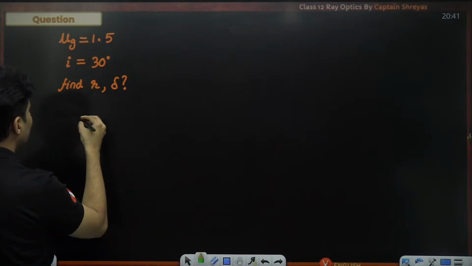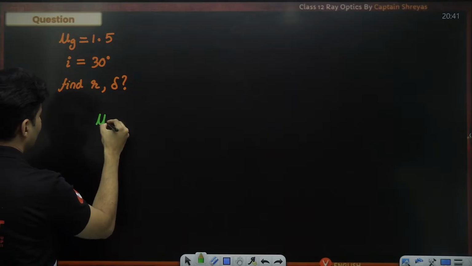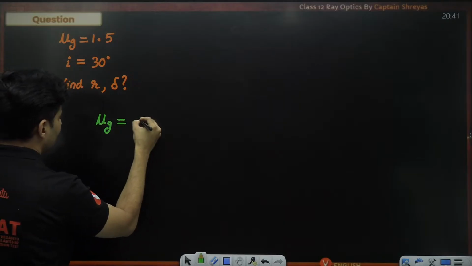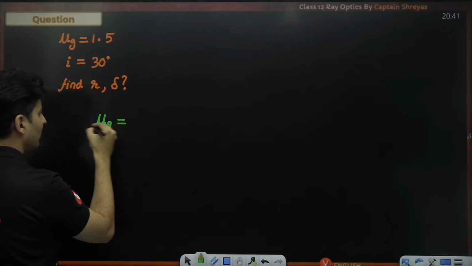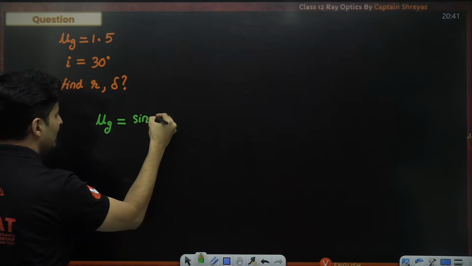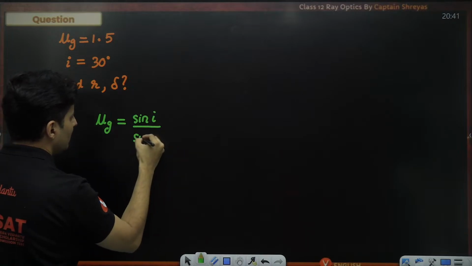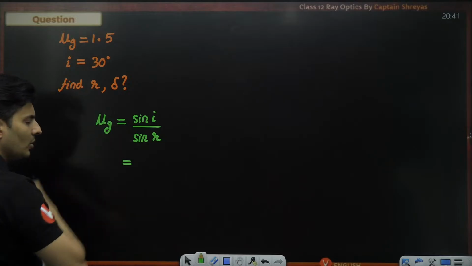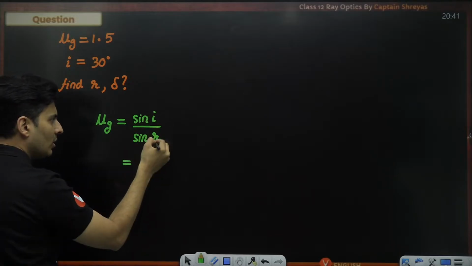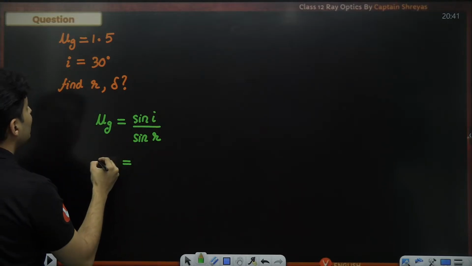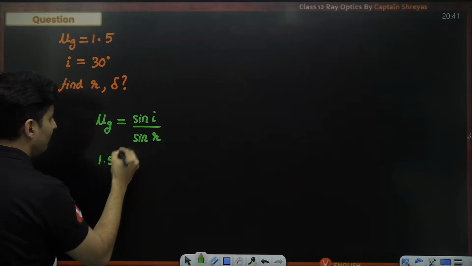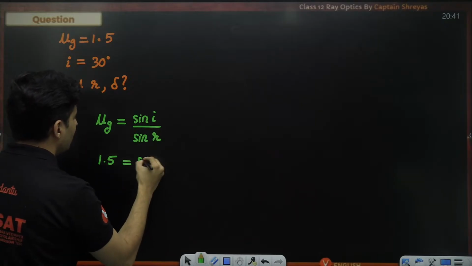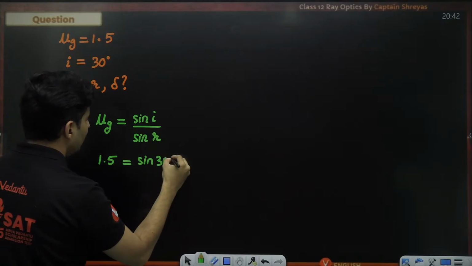So I can immediately say that when light enters glass from vacuum, it will be nothing but sine of angle of incidence by sine of angle of refraction, from vacuum to glass. This value is given to be 1.5. Angle of incidence is clearly given to be 30 degrees.